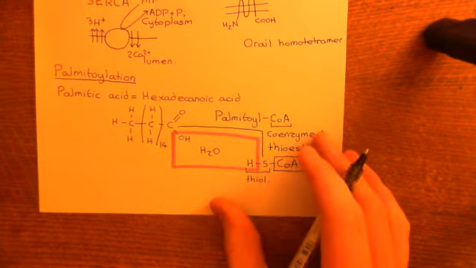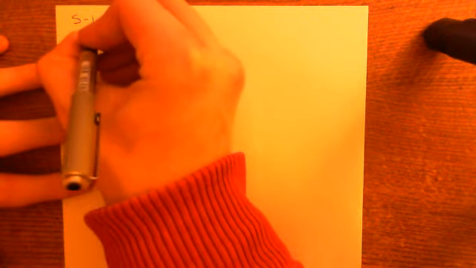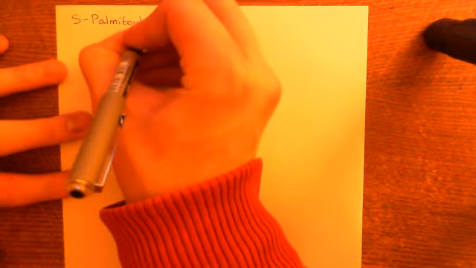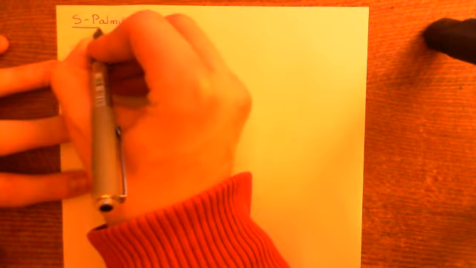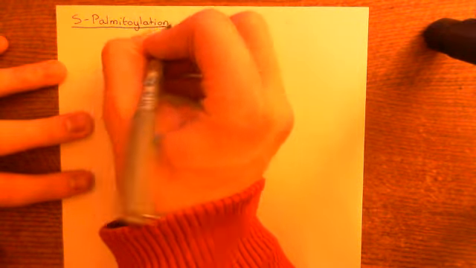So the main type of palmitoylation that occurs is what is known as S-palmitoylation. This is a post-translational modification that you can make to proteins. Basically what happens in S-palmitoylation is that you add palmitoyl groups onto cysteine residues within proteins, and this is very important.